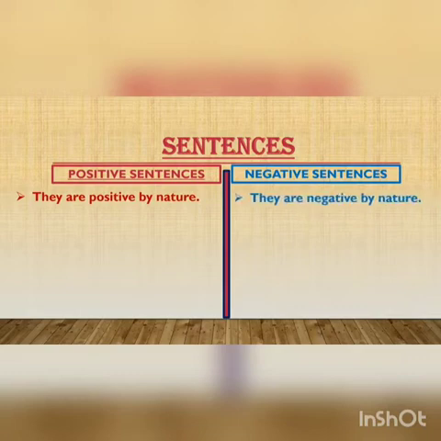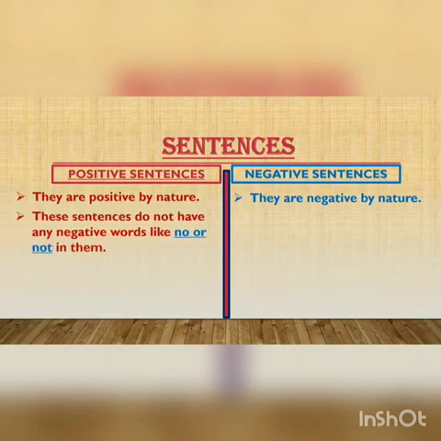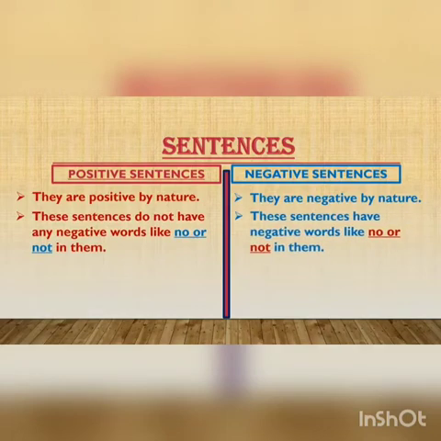Negative sentences are negative by nature. Positive sentences do not have any negative words in them, like no or not. Negative sentences have negative words like no or not in them.